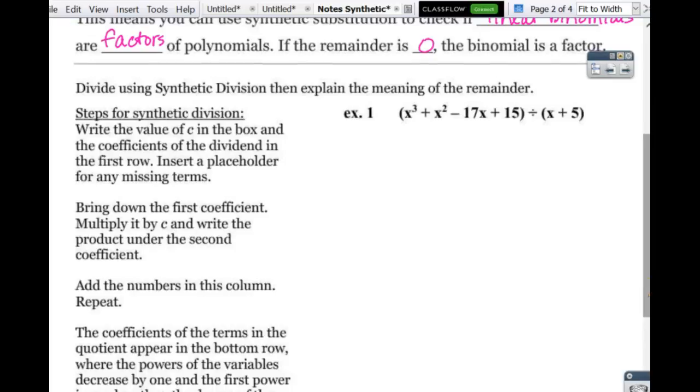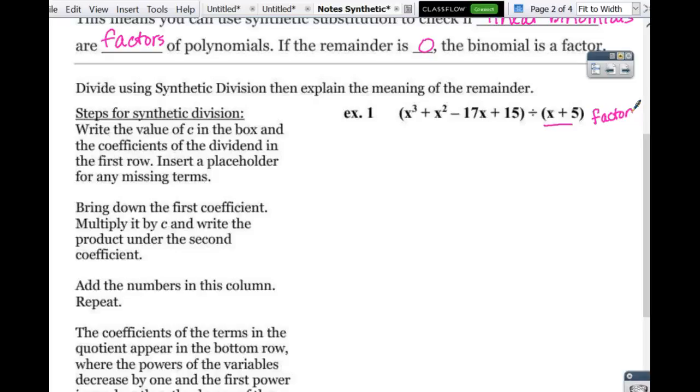Okay? So let's go over how to do synthetic division. First of all, x plus 5 is a factor, when it's written like this. I want to know, is x plus 5 a factor of this? What's the root?